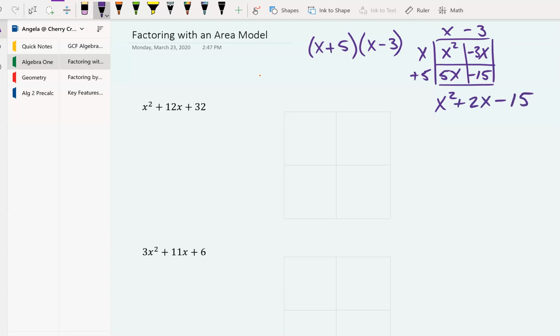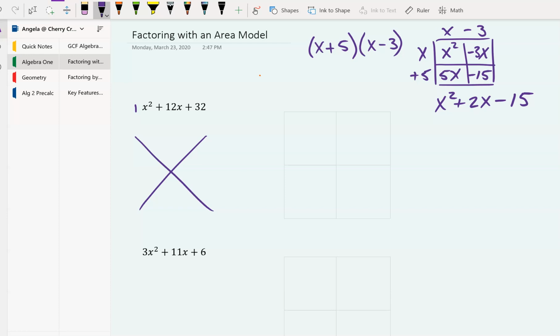So this is just one example of how you can use the area model for multiplying, but when we're factoring, we're utilizing it in reverse, you could say. The first thing we are going to start with is identifying your A and your C values. There are different ways to organize this. I'm going to organize this with this X model or hourglass model.